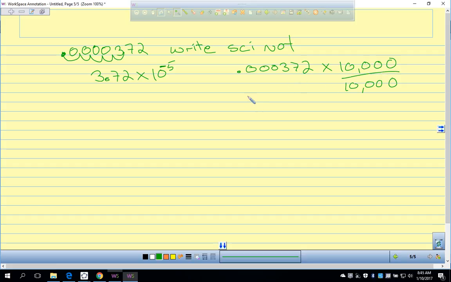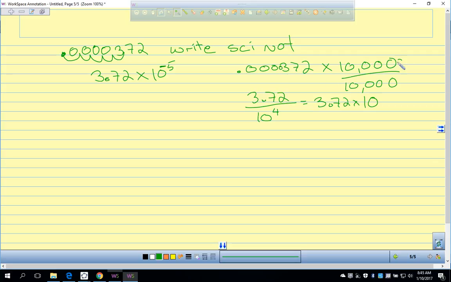So what I would get is 3.72 if I multiplied the top by 10,000, and the bottom I'd get 10 to the 4th power, and that can be rewritten as 3.72 times 10 to the... Oh, I don't have enough zeros there, sorry.